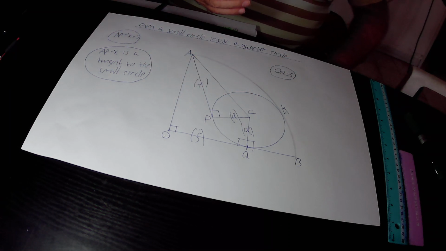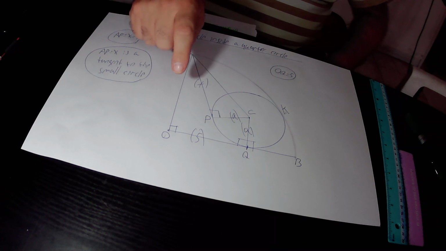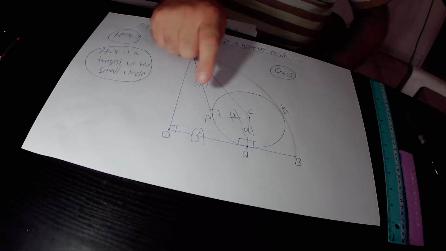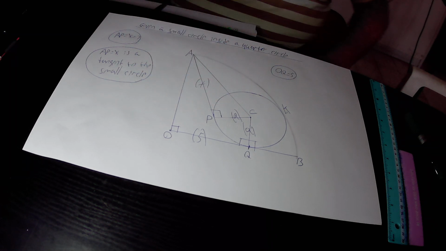According to rule 9, this straight line OC must pass through their touching point, that is point K. Or OCK is one straight line.